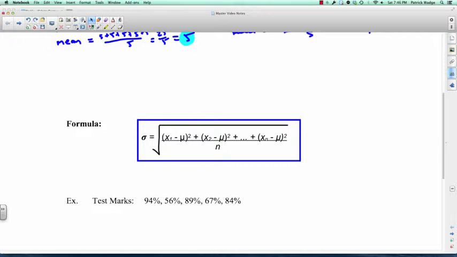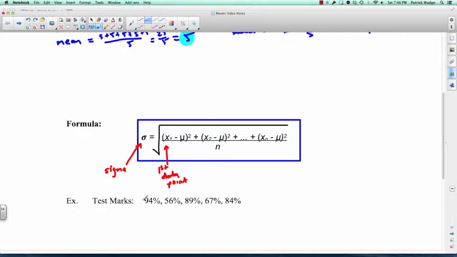First of all, I better explain a few things here. It's time for another symbol. This symbol is sigma, and sigma refers to standard deviation, and it's equal to the square root of all of this. So the last thing you'll do is take the square root. x1 is the first data point.